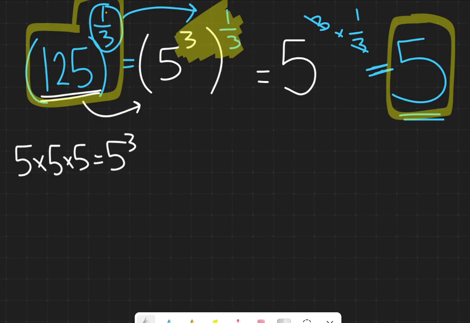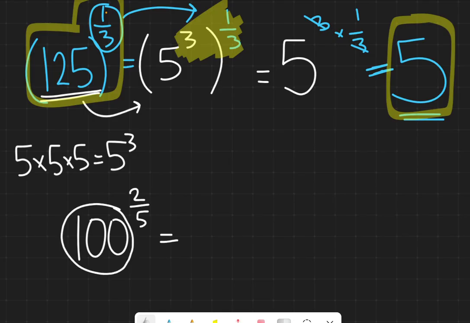If we have, let's say, 100 to the power of 2 over 5. Okay, what do we know about number 100? We know that 100 can be written as 10 to the power of 2, right?